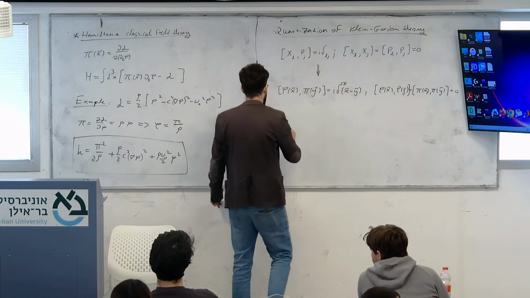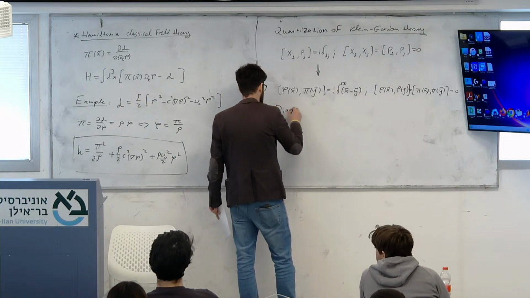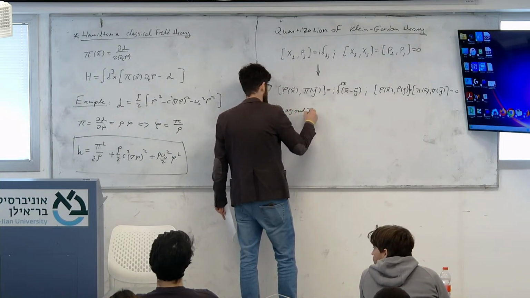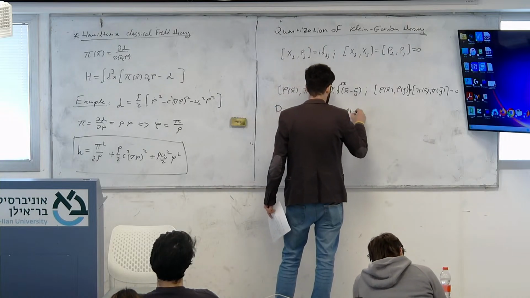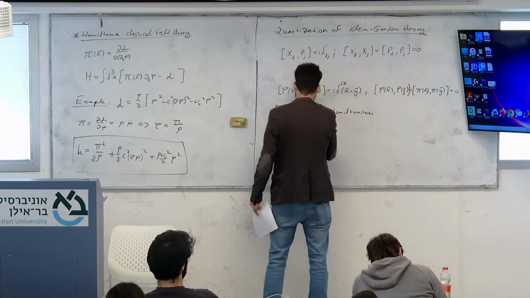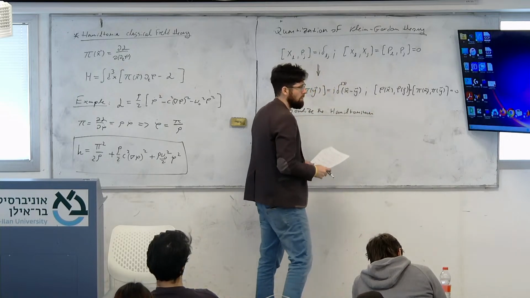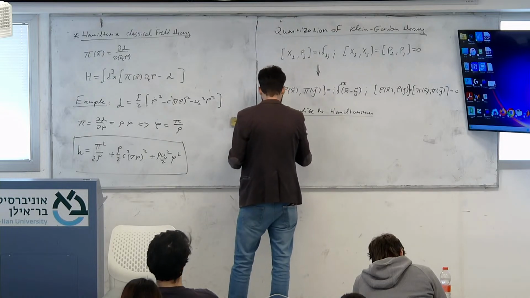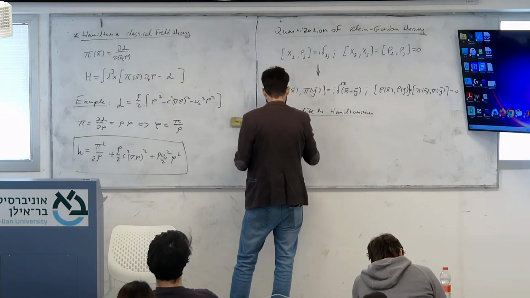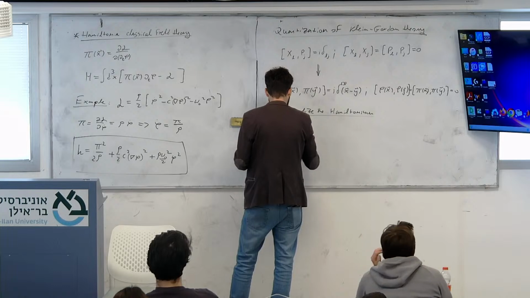So we can diagonalize the Hamiltonian. We write H is equal to the integral d3p over 2 pi cubed.